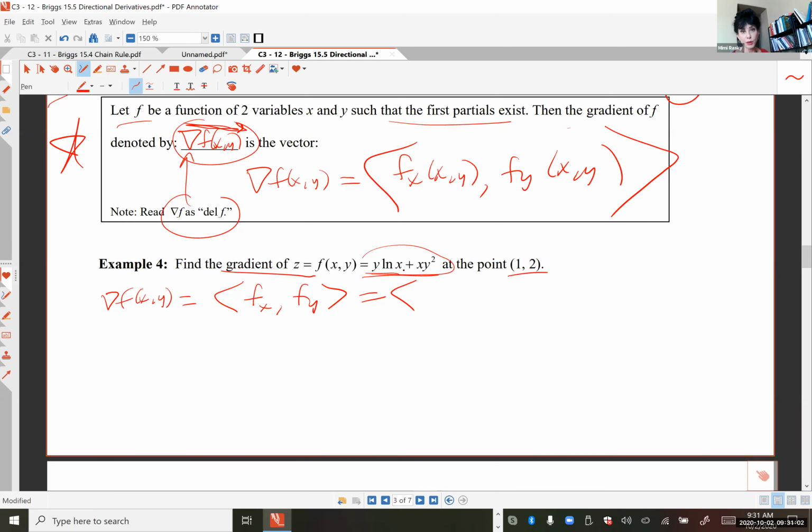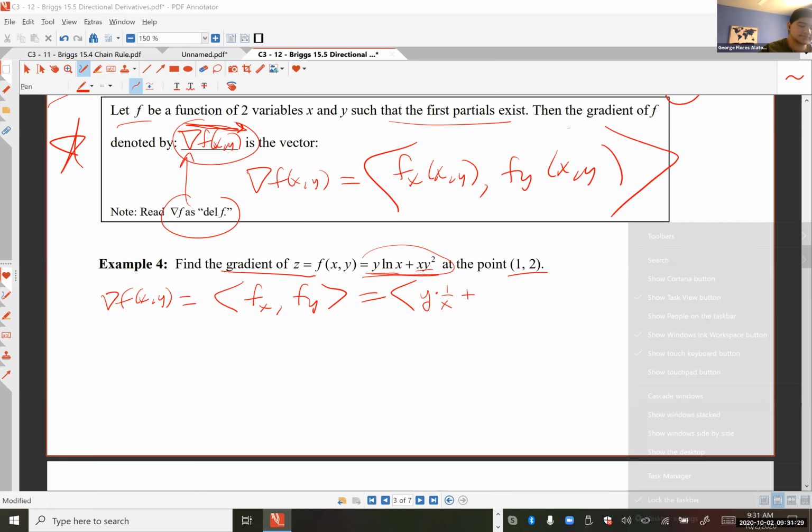Well, let's do the first term. What's the derivative of y times ln x with respect to x? y is a constant, so y times, and then the derivative of ln x is 1 over x. Okay, there's the first term, plus, and then what is the partial derivative of x y squared with respect to x?